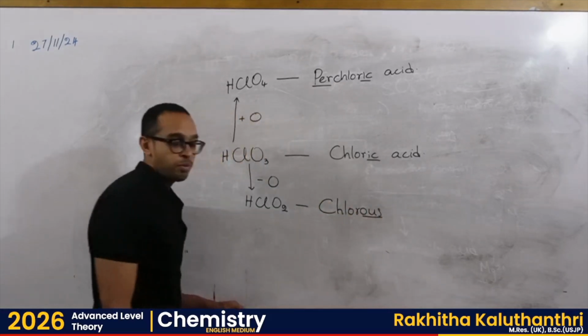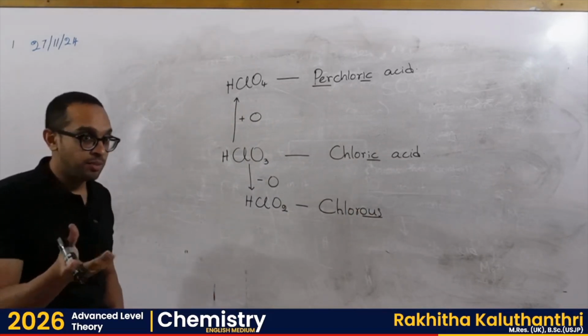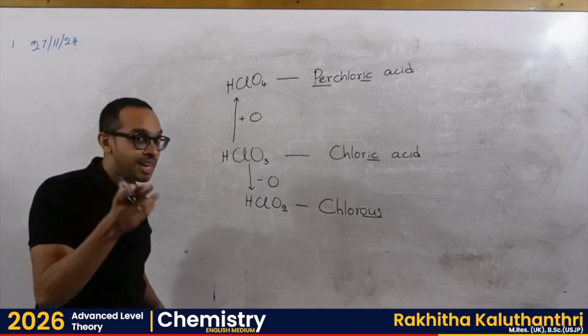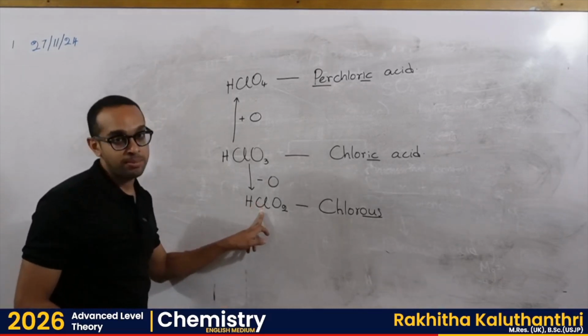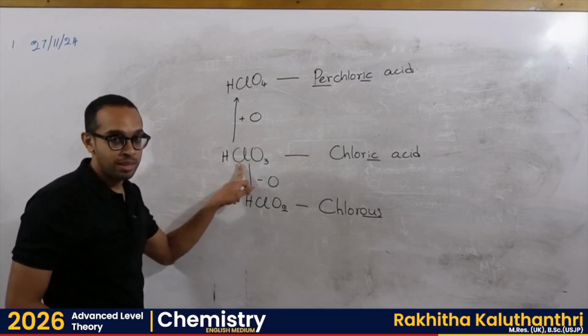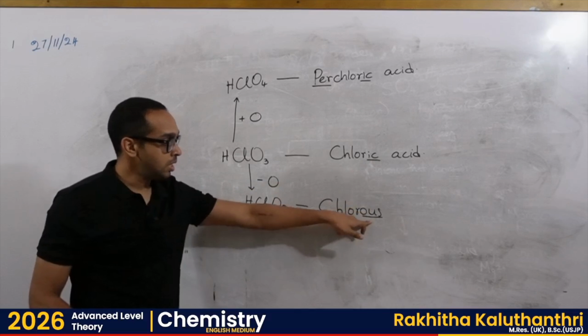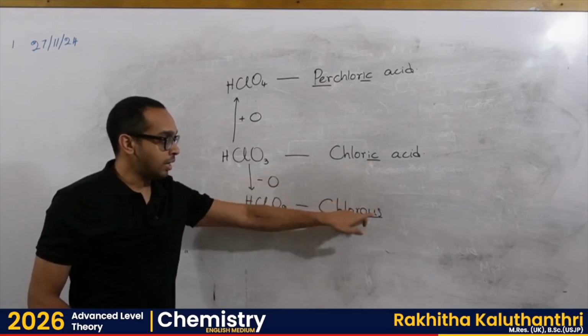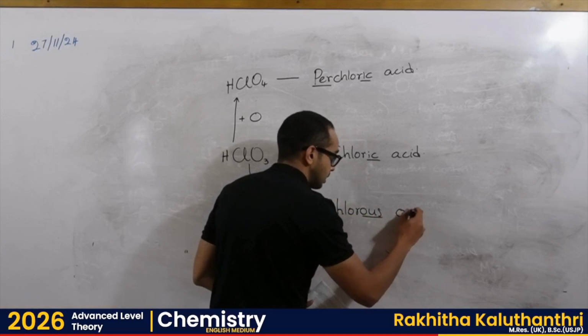Can you remember when we were talking about ferrous, the one with the higher oxidation number got the ic ending? Just like that, here this chlorine is at a lower oxidation number now. If you count, you will see. Here this is at a higher oxidation number. So the difference between these two is the ic and ous ending only. So this is referred to as chlorous acid.